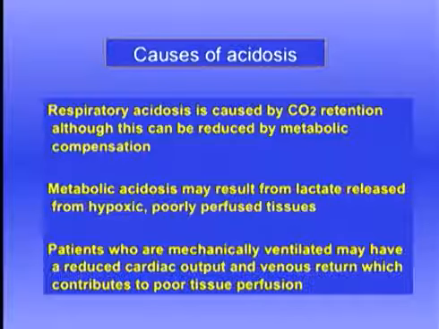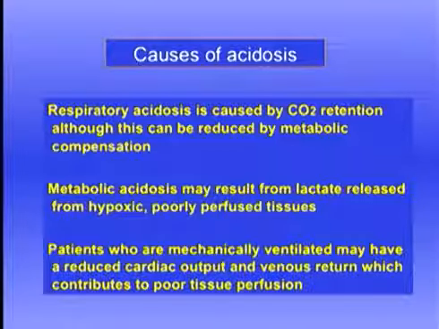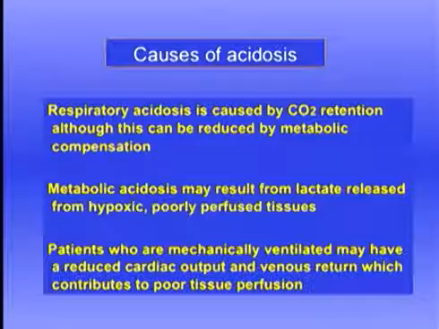That's particularly likely to occur in a patient who is mechanically ventilated, because these patients often have a reduced cardiac output and venous return, particularly if levels of positive end expiratory pressure are being used. Again, we'll talk about that a little later on. If that's the case, you can get poor tissue perfusion, and that can be responsible for the metabolic acidosis in these patients.